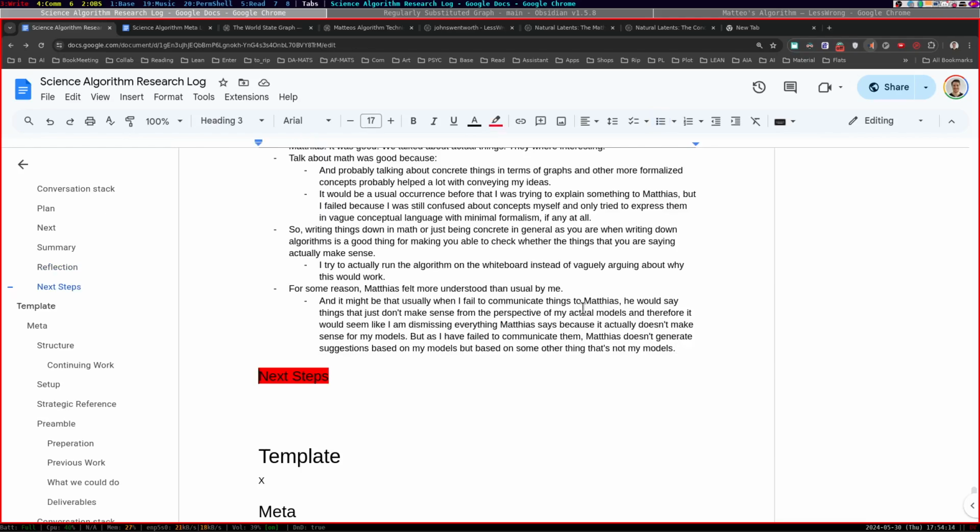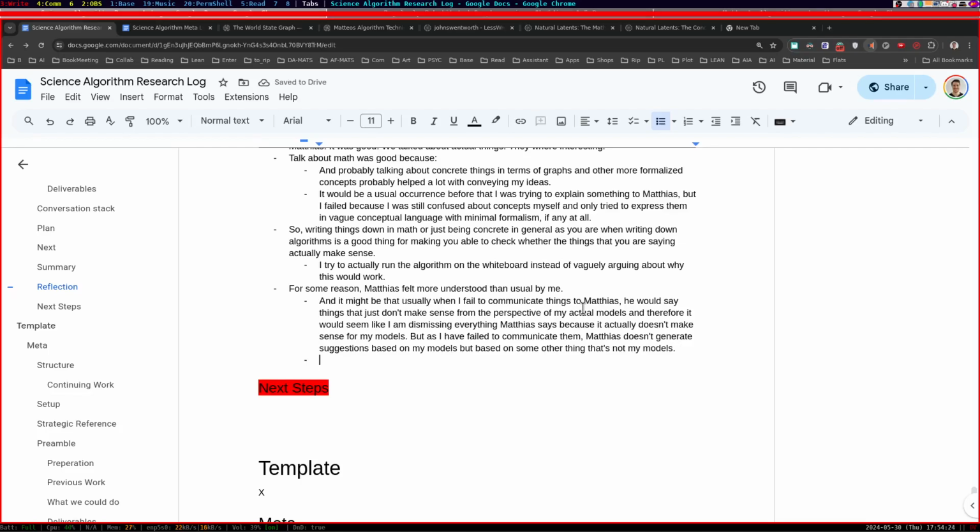Something weird. Where you have a model and you talk about it, and the problem is something like Matthias has a model which is not accurate to my model, but the model that he has uses the same language as I have.